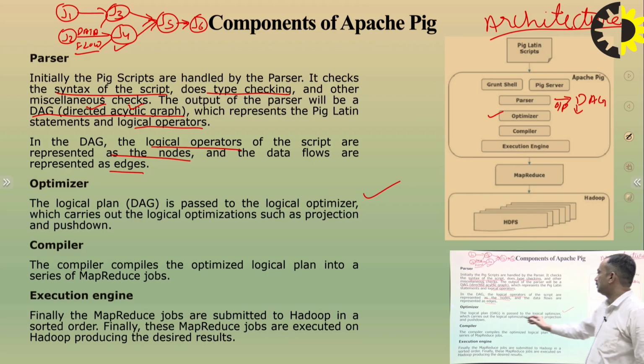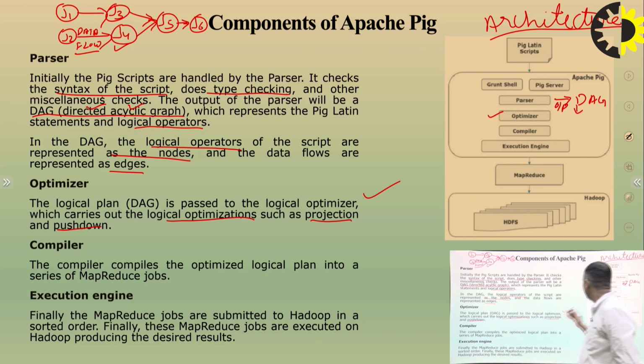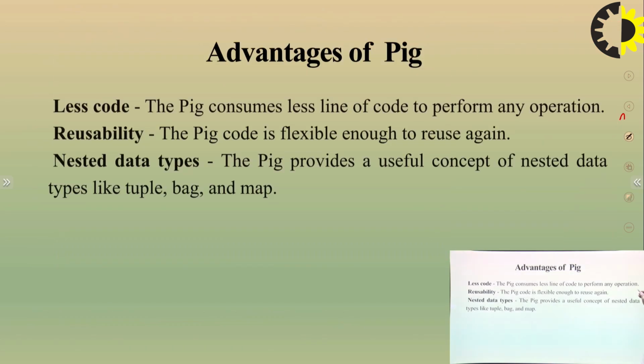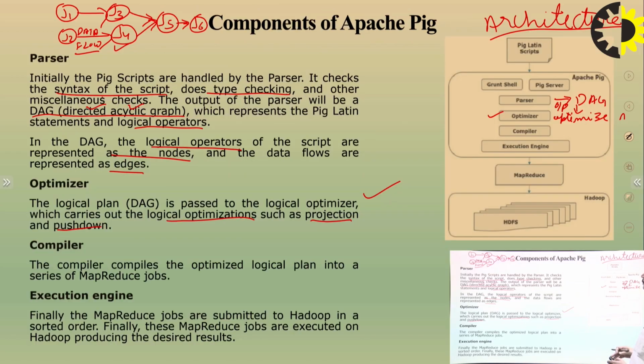It carries out logical optimizations like projection and pushdown. These are a few examples, like projection and pushdown, that will happen to optimize this directed acyclic graph. So optimization of this logical plan or DAG will happen here. It optimizes our DAG, the optimizer.